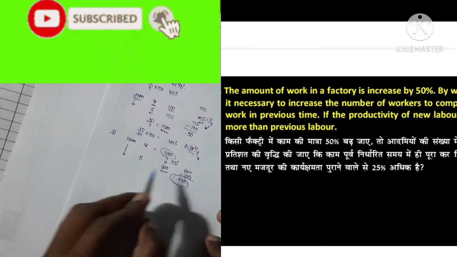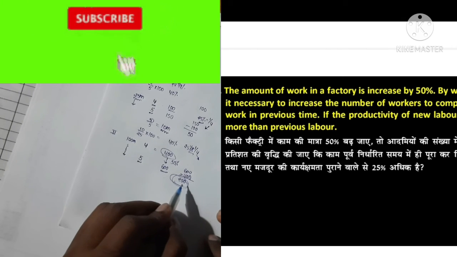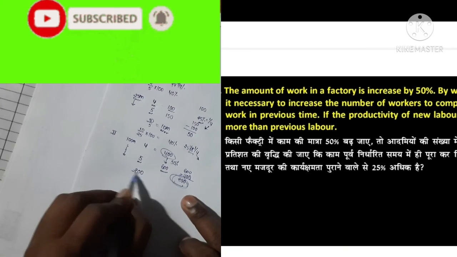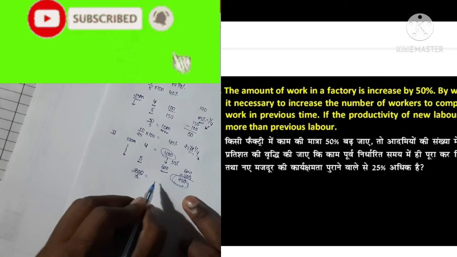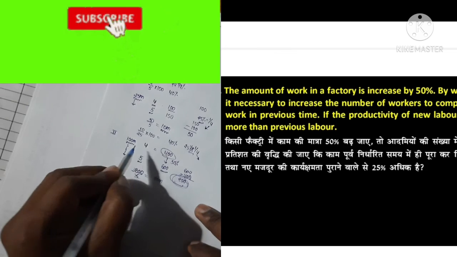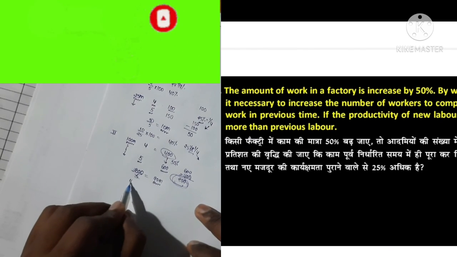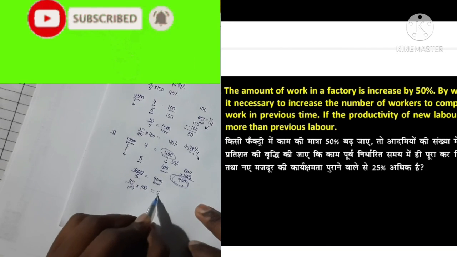So 4 plus 1 value is 5. So the number of men is work by efficiency, 40 men. So starting is 100 members, now 40. What is the percentage? 40 by 100 into 100. So value is 40.